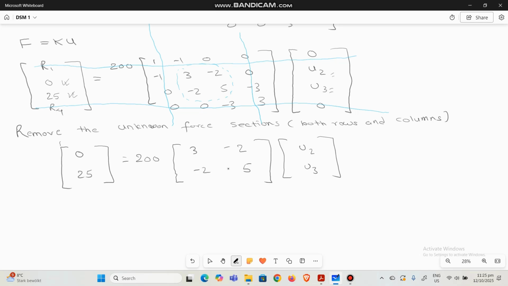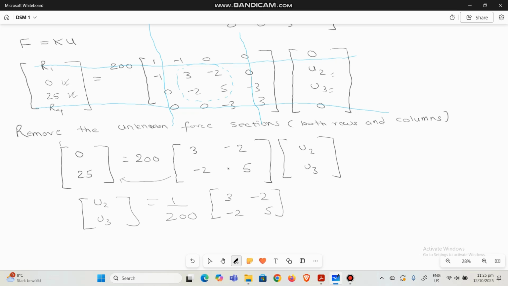Now if you bring this on the left hand side, and bring all of these in here, then you are left with u2 and u3 only. So 200 goes down, and then you will have the inverse of the matrix 3, minus 2, minus 2, 5.